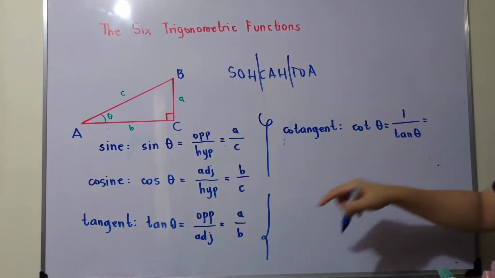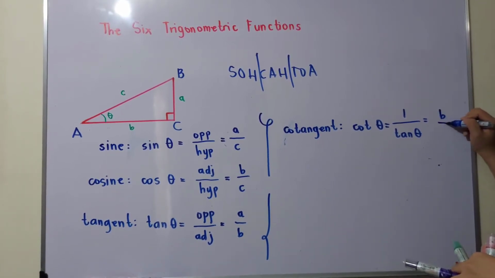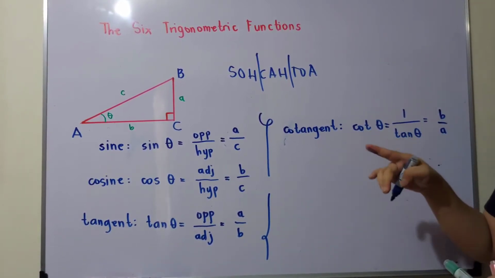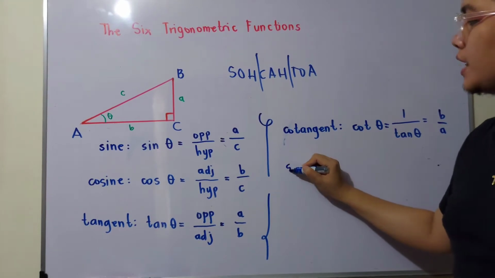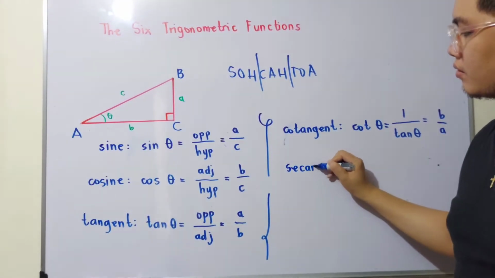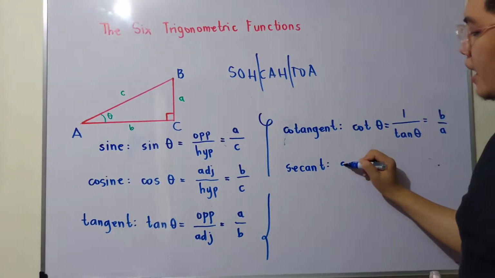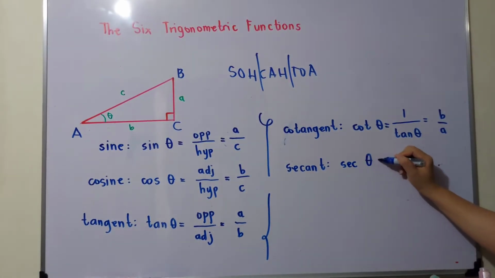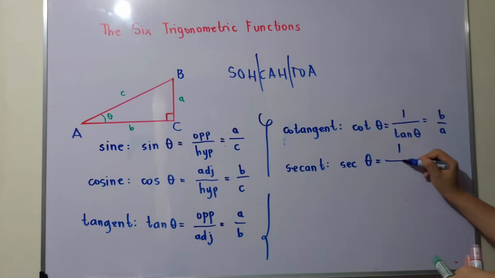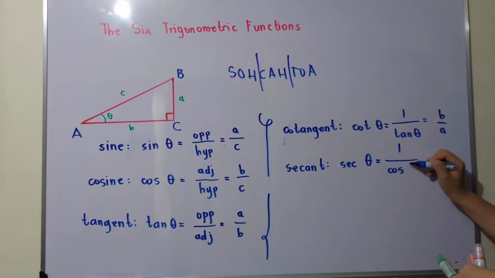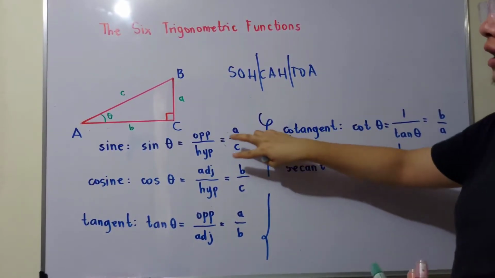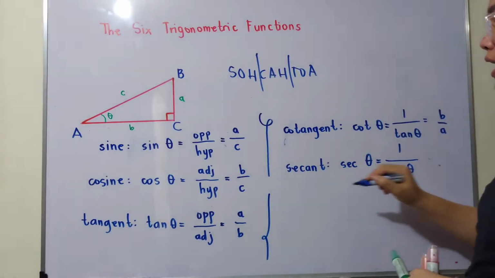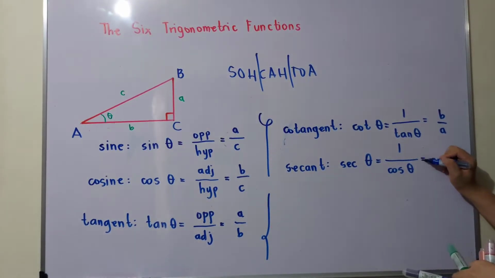Okay? So, ito ay magiging B over A. Adjacent over opposite. So, yung secant, ito naman ay abbreviated or contracted as sec. Ito naman ay reciprocal ng cosine. So, bali, by definition, it is the ratio of the hypotenuse and the adjacent side. So, reciprocal lang nito, we have C over B.